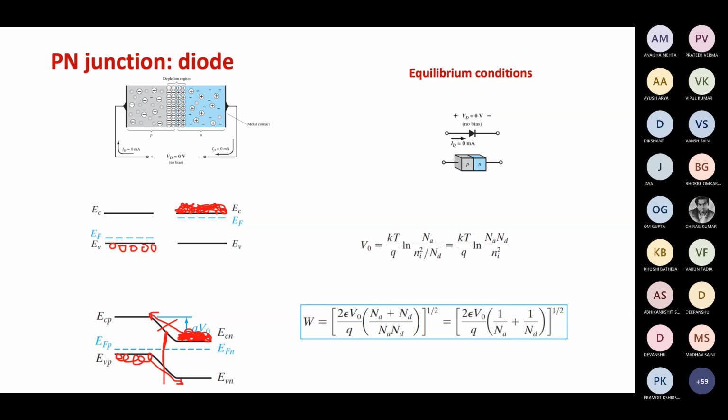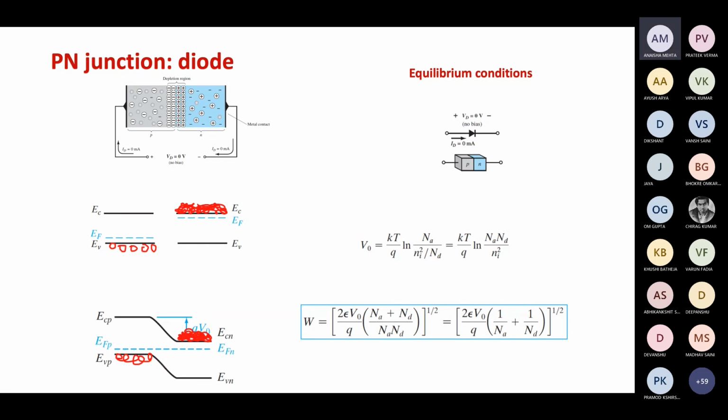That leaves these atoms alone. These atoms are now without electrons, and that's how this electric field is created. And the slope of this conduction band is actually the electric field in the system, in the junction.